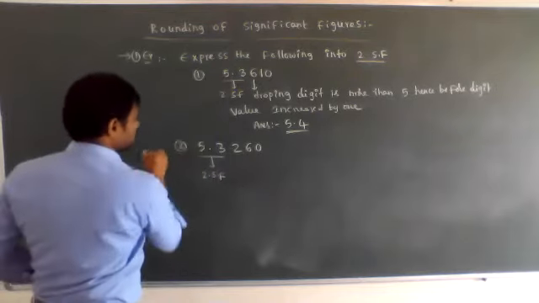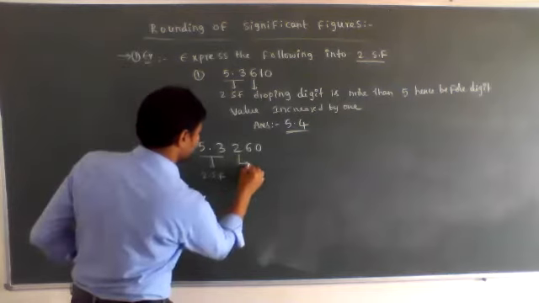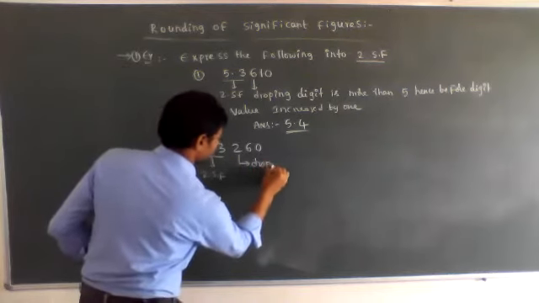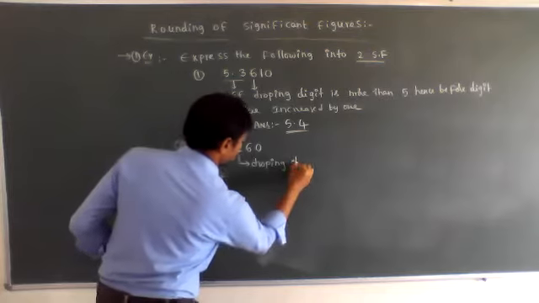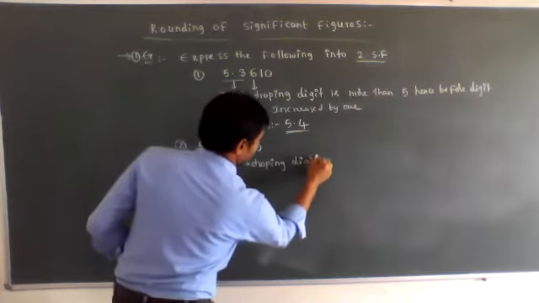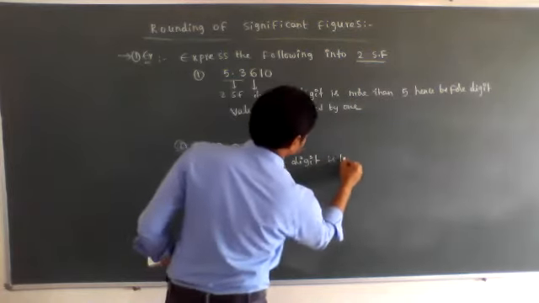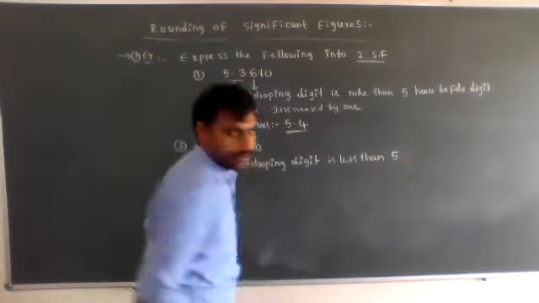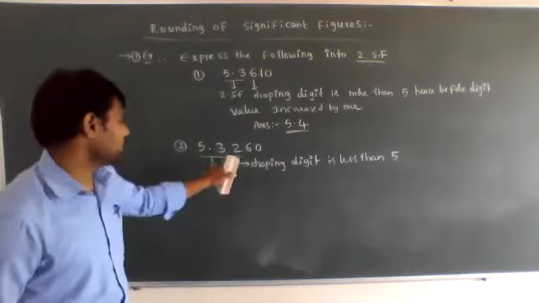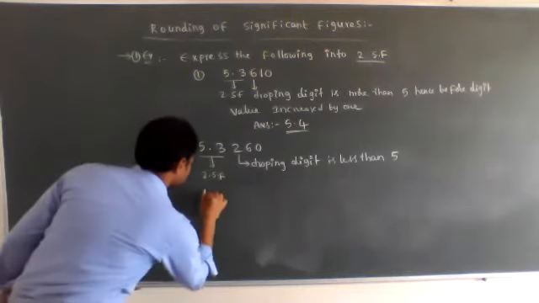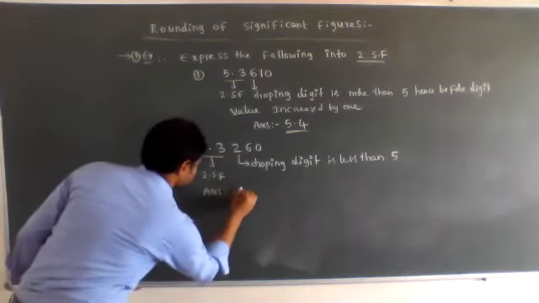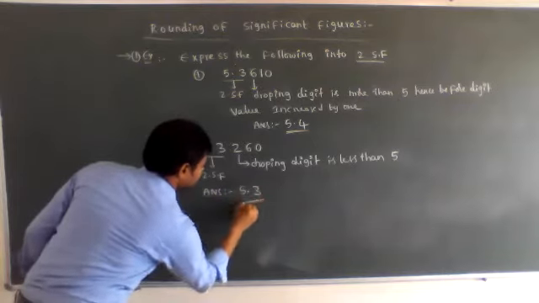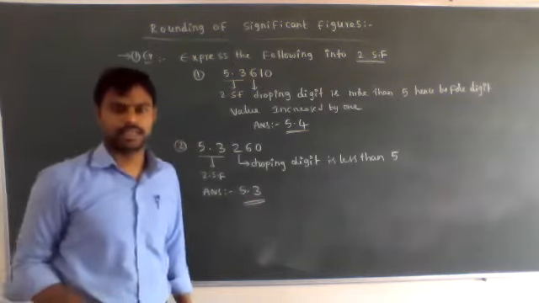This is the dropping digit. It is less than 5. Dropping digit is less than 5. That's why the answer is the same. Answer is 5.3 only.